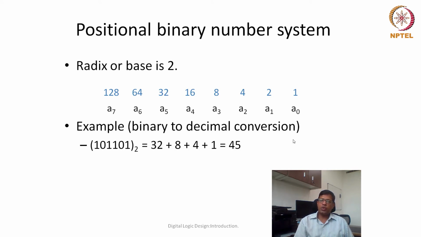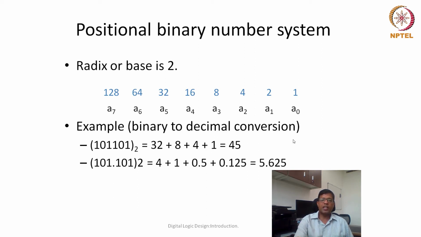Now if I would like to convert a fractional number, let's take a fractional number example. It can be extended in the same way. Before the decimal place, the integer part would be calculated in the same way we calculated this binary number. So we'll start with this 1 and its value is 1 here.